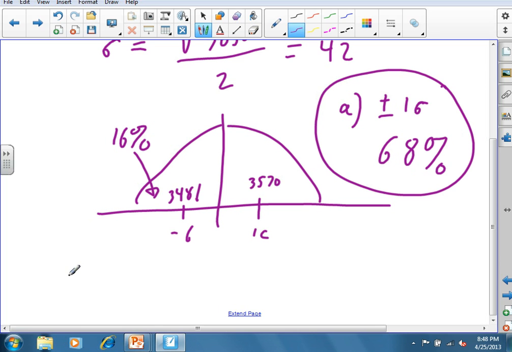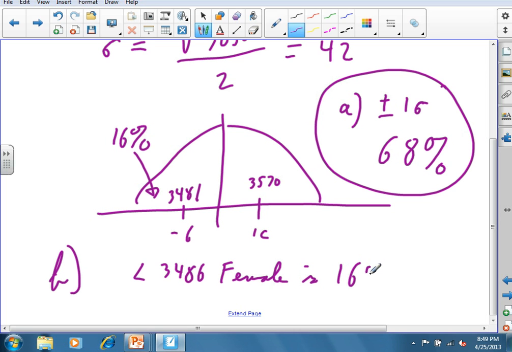So the probability that I have less than 3486 females is 16%. The percentage of females in the sample is below 49.4%.